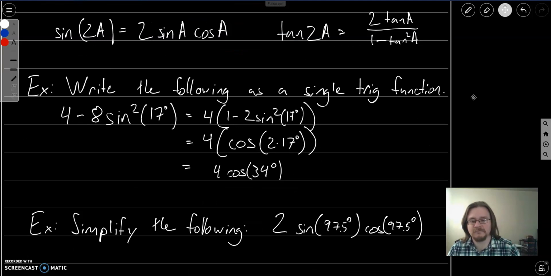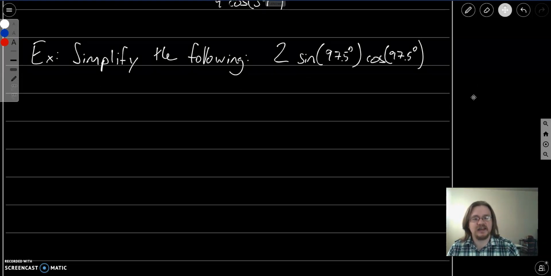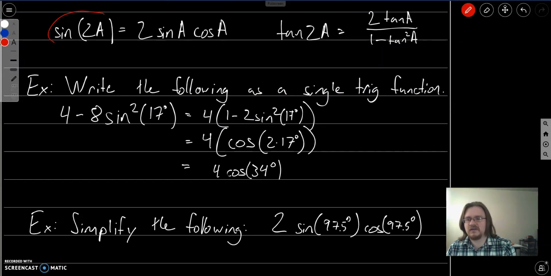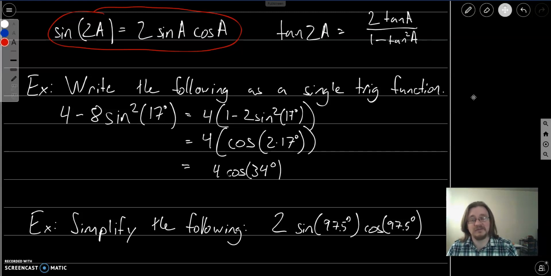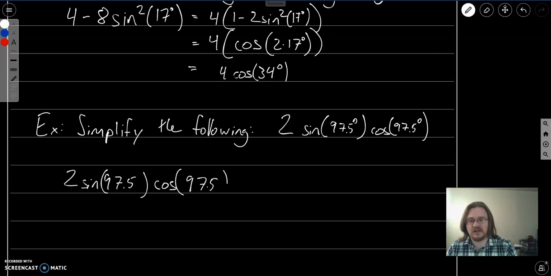Let's do another one. Let's simplify the following. We've got 2 times sine of an angle, cosine of an angle. And again, with sine times cosine, we should be thinking of the formula. We have a formula for that, so we can simplify this right away. 2 times sine of a 97.5-degree angle, cosine of a 97.5-degree angle.